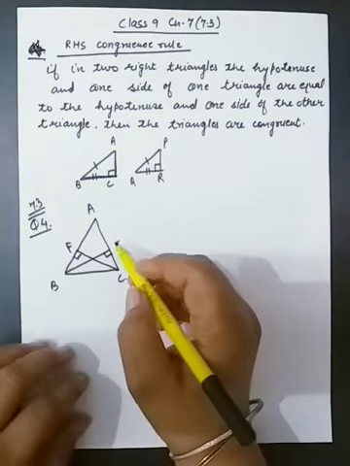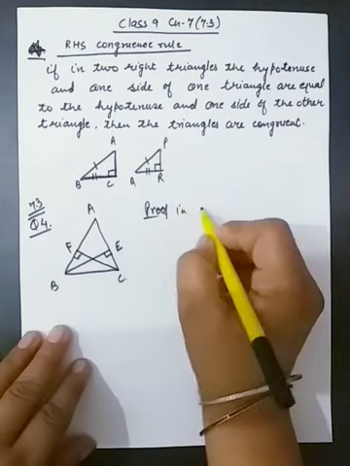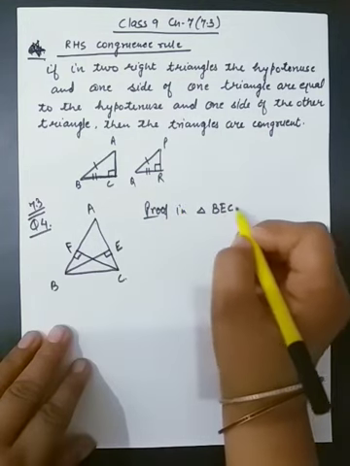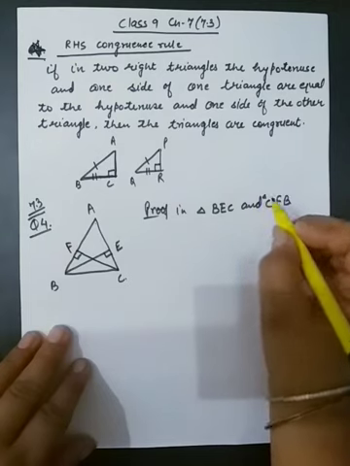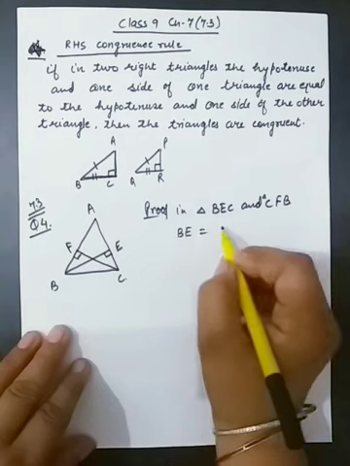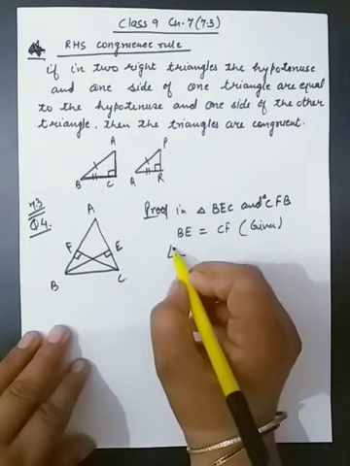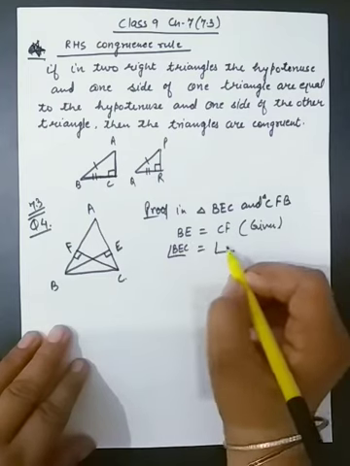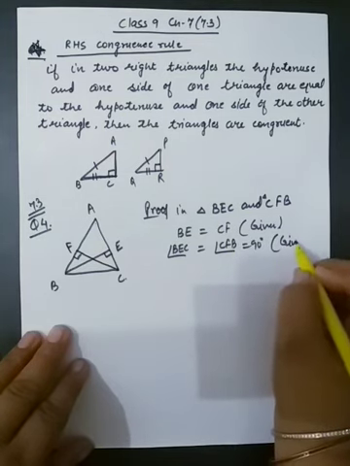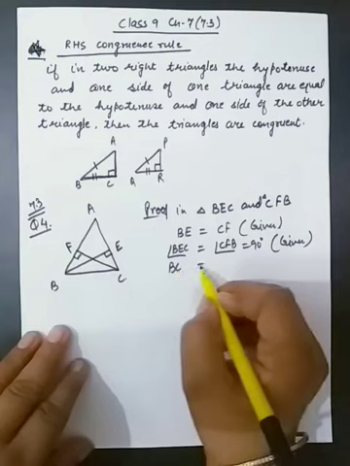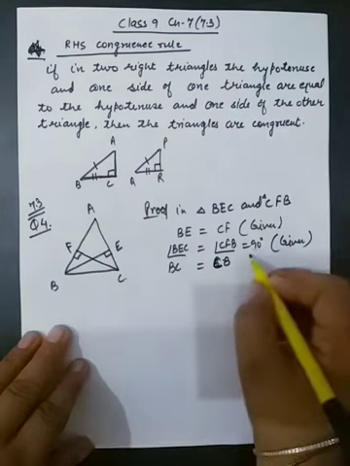For this what will we do? Here in triangle BEC and CFB, BE is equal to CF आपको given है, and angle BEC is equal to angle CFB is equal to 90, this is also given, and BC is equal to CB, this is common base.